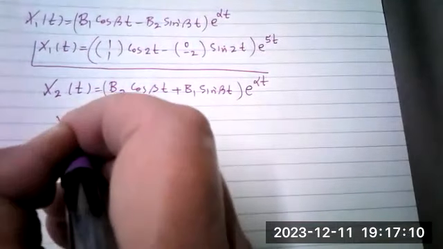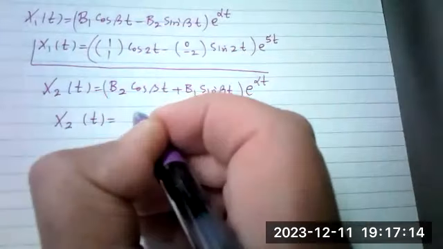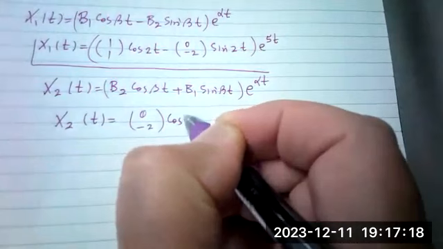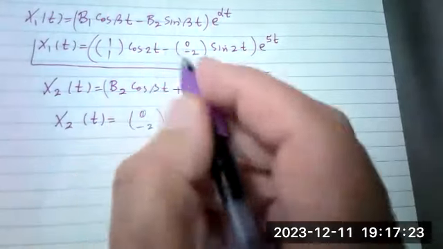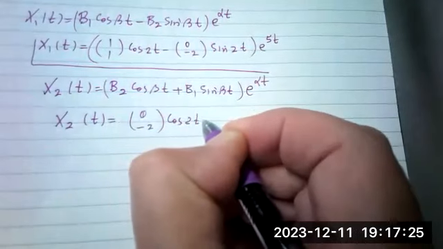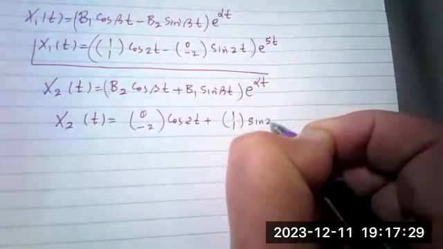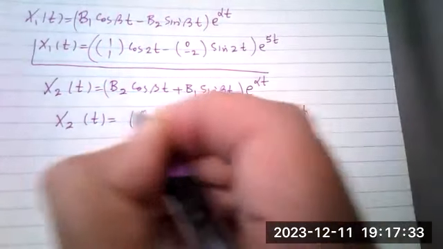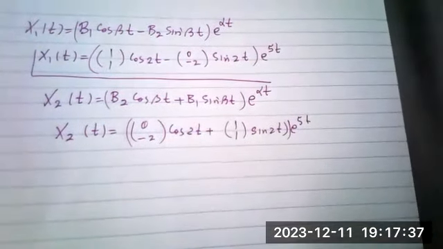So we substitute that, and x2 is going to be equal to b2, which is (0, -2), cosine of 2t plus b1, which is (1, 1), sine of 2t, times e to the 5t. So we have x1 and x2.